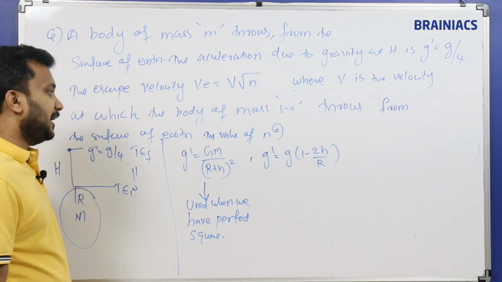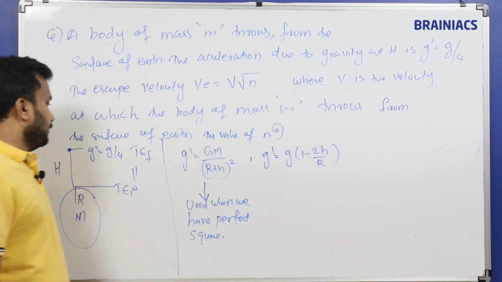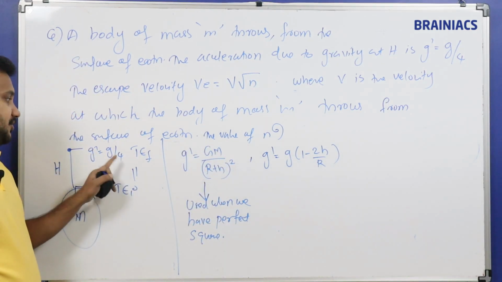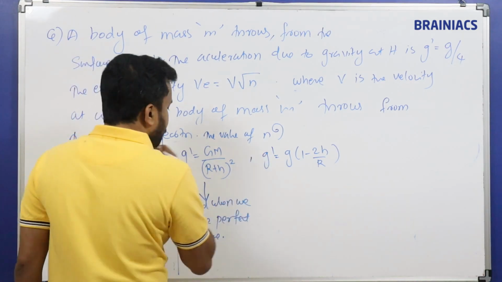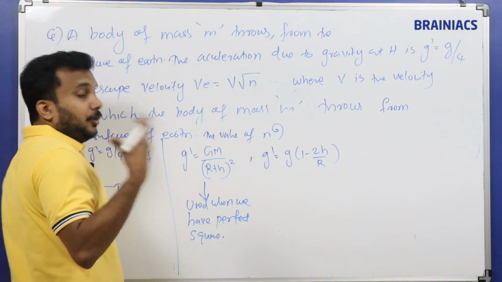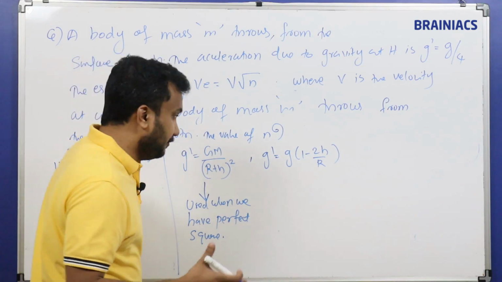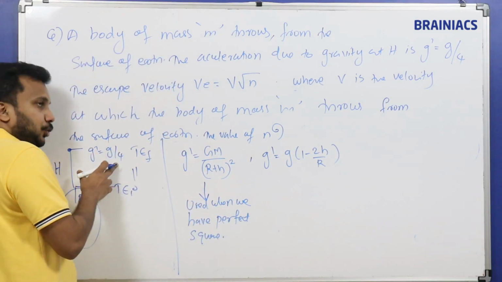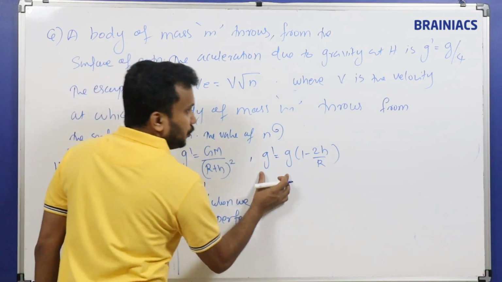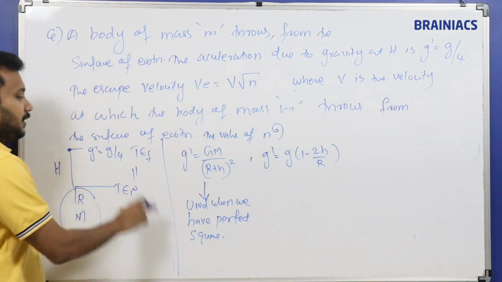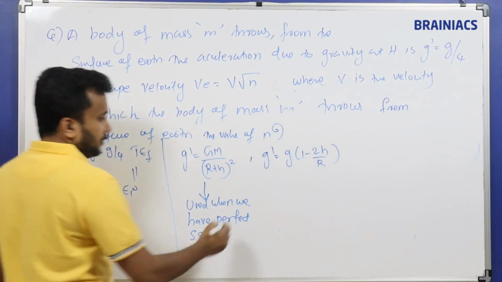So g by 4, g by 9, g by 16, g by 25, g by 64, something like this. You can use the other equation when we don't have a perfect square, for example g by 2, g by 3, g by 5, that is easy to solve. But here it is a perfect square, so we are using this one.